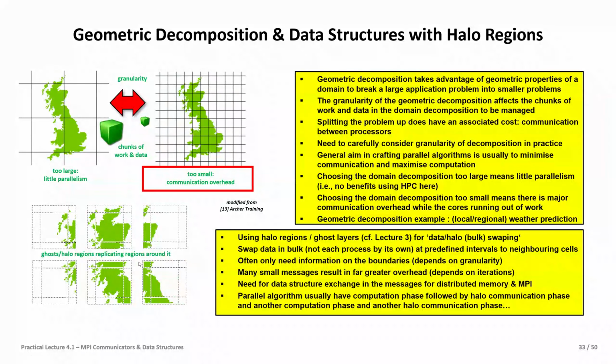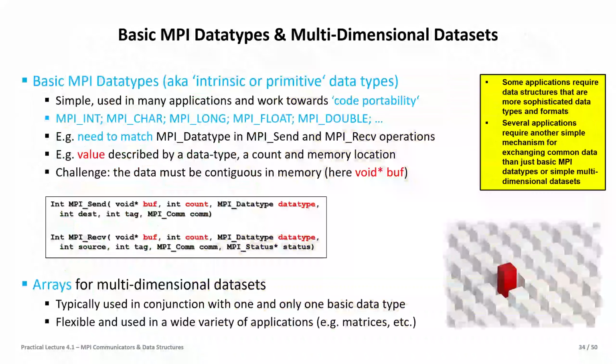Hence, before every time step ends, you do a bulk swapping of the physical variables so that in the next time step we have everything we need for the computing in this particular cell, or this particular domain part. So what we learn today is related to domain decomposition again, and the need for data structures that we use in these halo region bulk transfers.